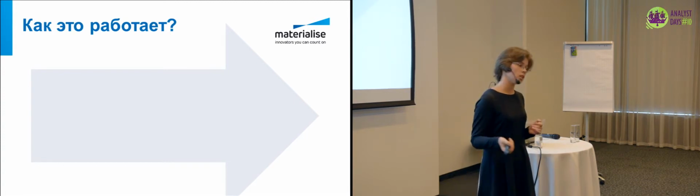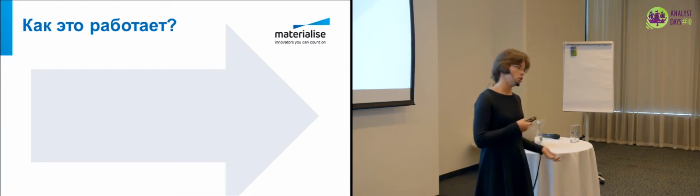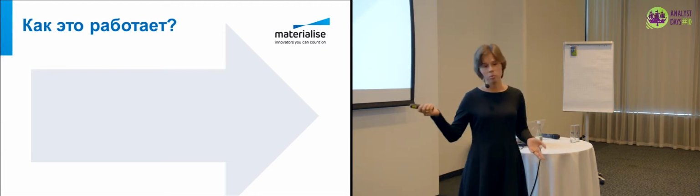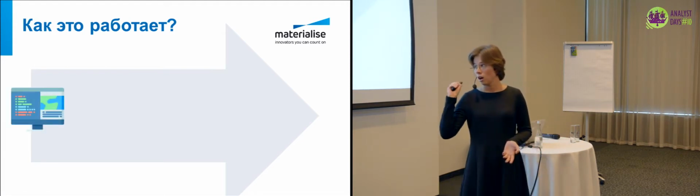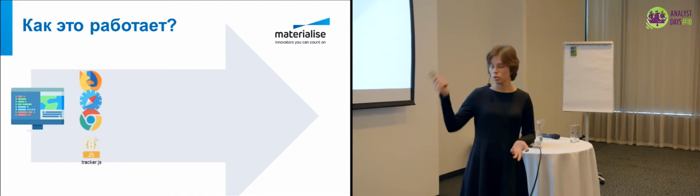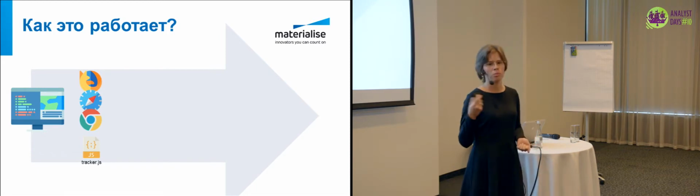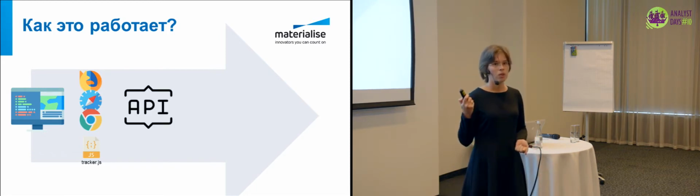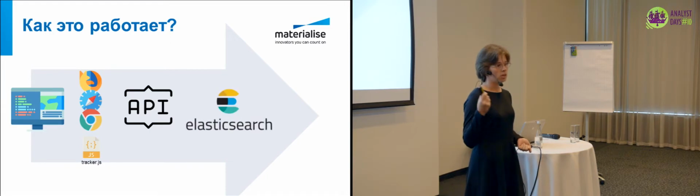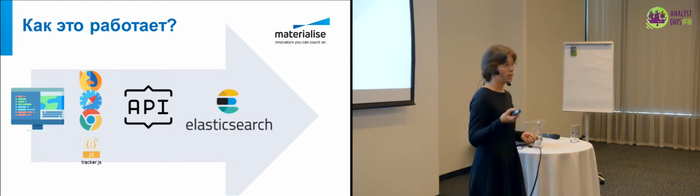How does it work? Our architects decided that it will be Elastic Stack. Elastic Stack is just one of the options, but we selected this one. It works in a browser, and some fragments of JavaScript send data at some interval to the server, where it's saved in an Elasticsearch database.